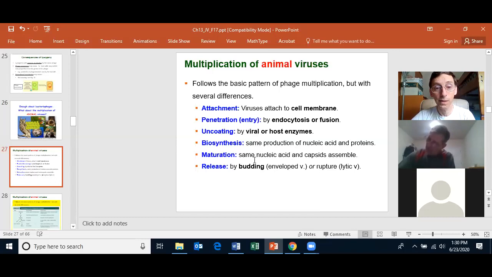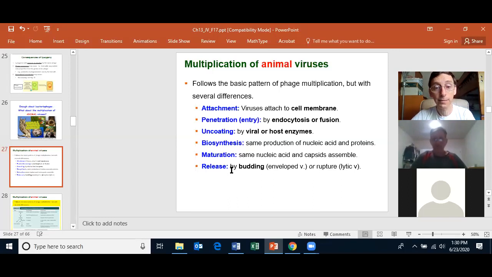There is one difference in maturation, and that is that in animal viruses, they have a choice as to where to replicate. In a bacteriophage, they only have one place to replicate, and that's the cytoplasm. And animal viruses can replicate in the cytoplasm, but they can replicate in the nucleus. Okay? Any questions about that?